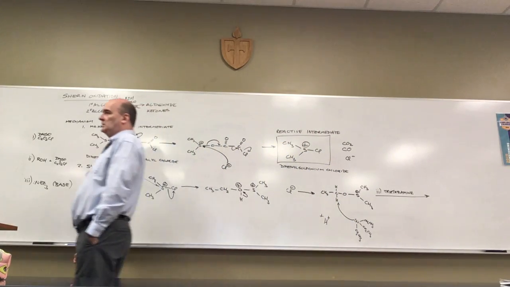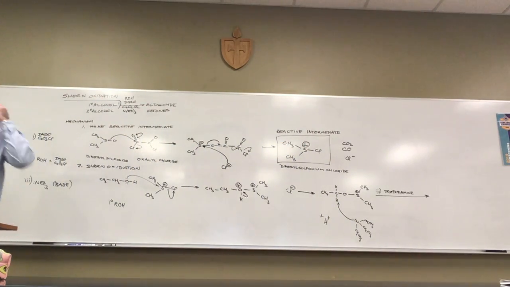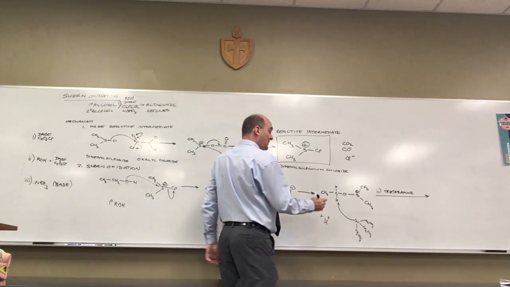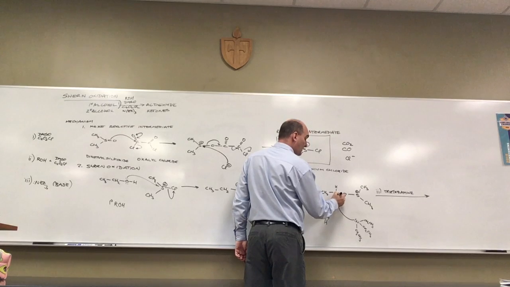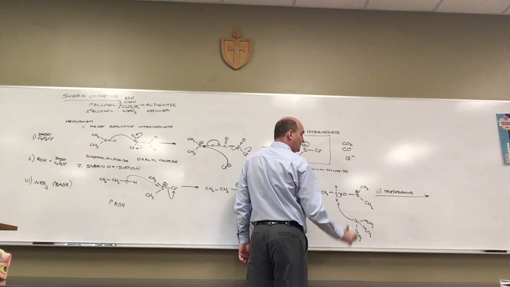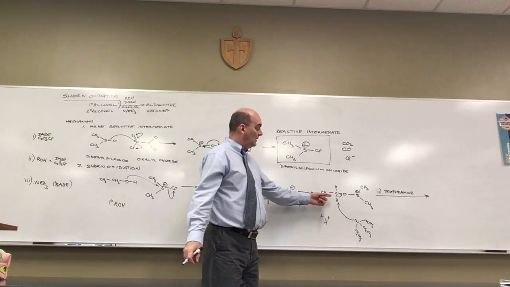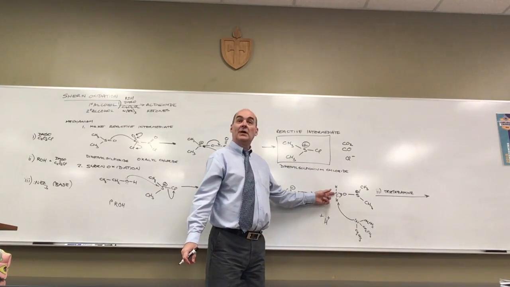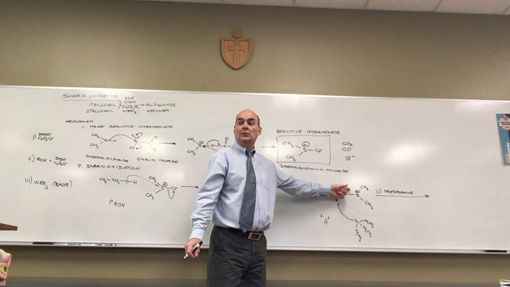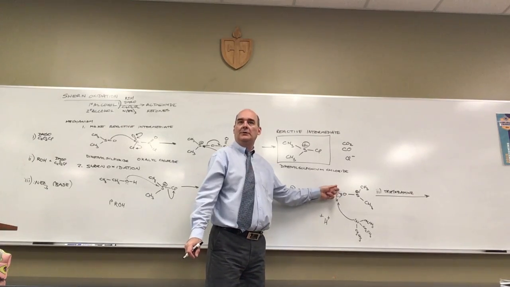Takes that hydrogen. And what that hydrogen does with its electrons is it just gives them to the oxygen. The bonding set of electrons that were in a carbon to hydrogen bond are now in a carbon to oxygen double bond.